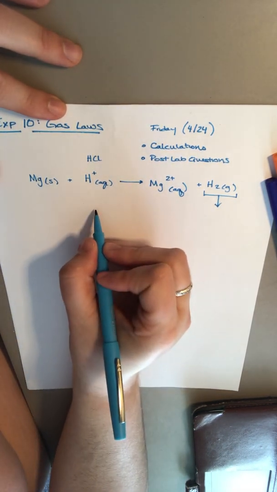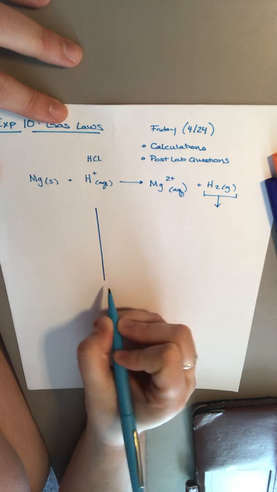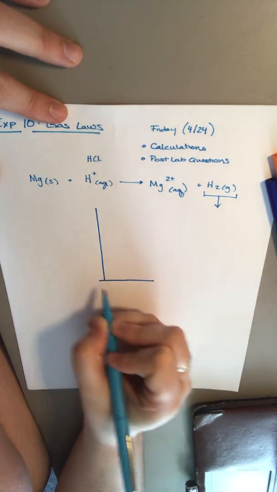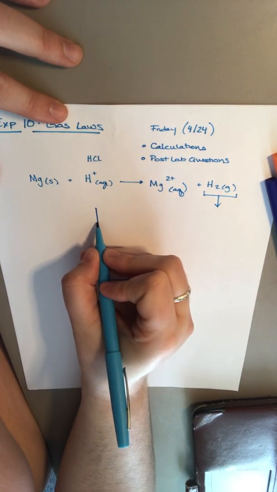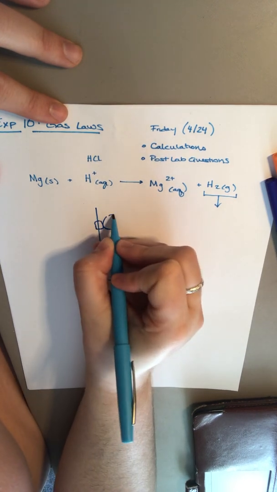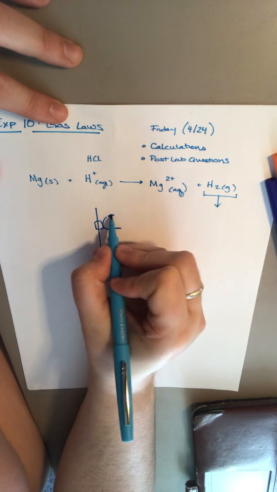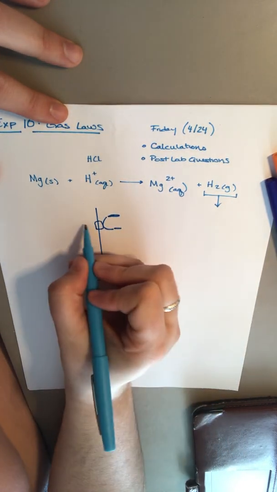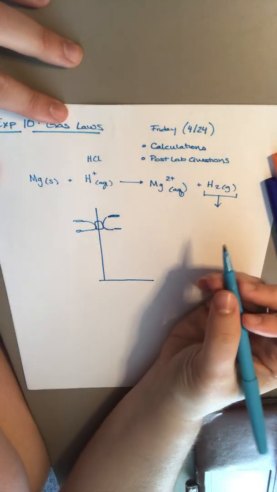So the lab setup, as you'll see in Travis's lab video, has the ring stand and a burette clamp, which is my wonderful take on a burette clamp. And for this particular experiment, we have a eudiometer.